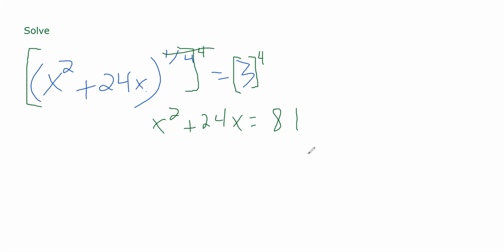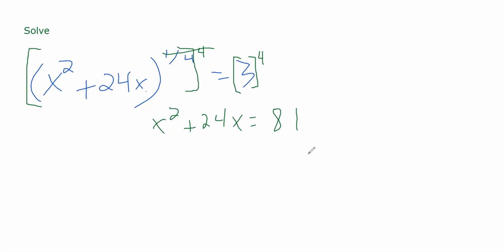Now there's a couple things we can do. We can complete the square. That's perfectly valid here. We could use the quadratic formula, but I'm thinking we can avoid that here. We can also try factoring it. So between completing the square or factoring it, someone tell me what we should do here.